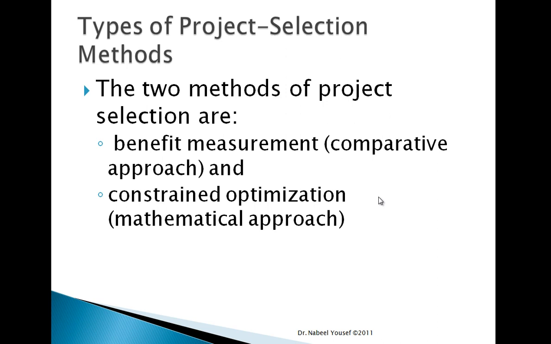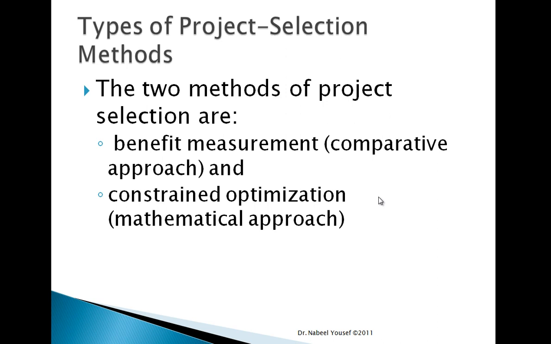The benefit measurement is a comparative approach that compares the different projects that are proposed, and then selects the one that has the most value or benefit for the organization and the stakeholders, while the constrained optimization has a mathematical approach. So it has a formula, it has values, mathematics. They start calculating, and then based on the outcome of the calculation, they will decide which project to go with.